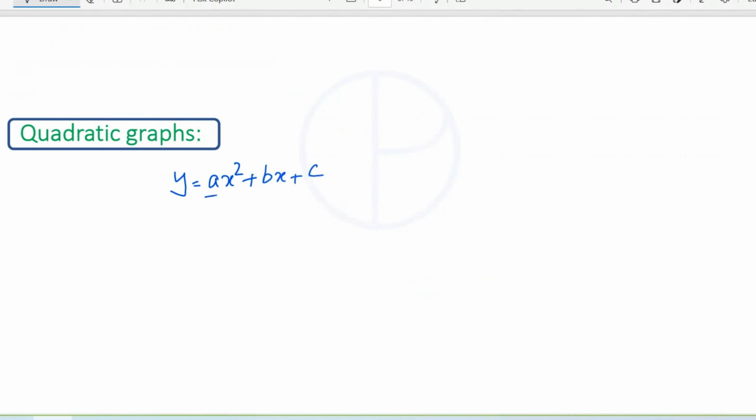If a is greater than 0, you will get a positive quadratic like this. Or if a is less than 0, you will get a negative quadratic like this. The roots of the equation are nothing but the x-intercepts.